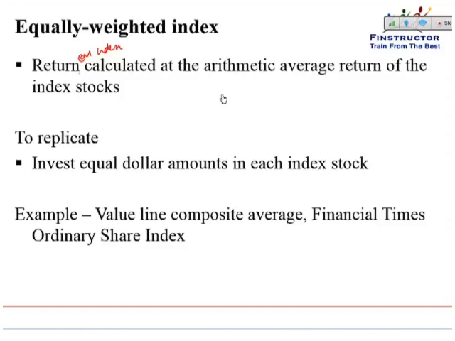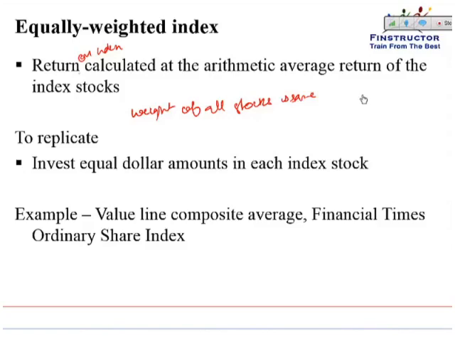So the weight of all stocks is the same. It doesn't matter what the stock price is, it doesn't matter what the market cap is, the weight of all stocks is the same. Whatever return all stocks have given will be averaged, and that average will be the return on the index.